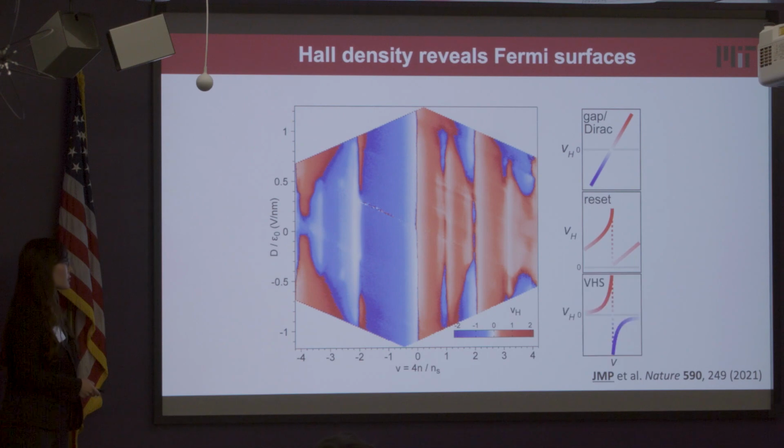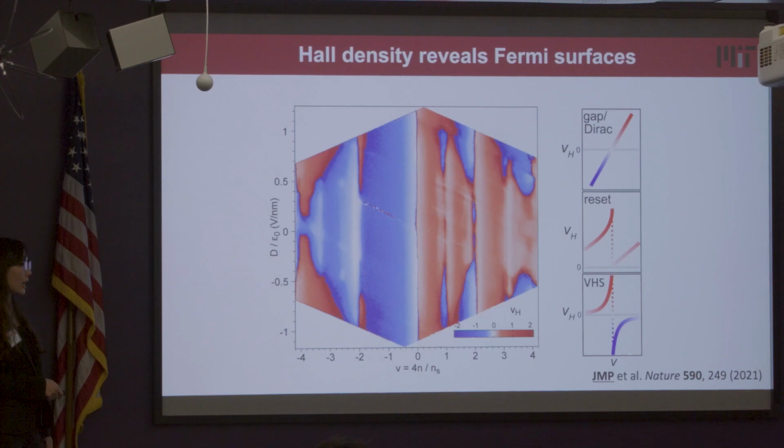The third type is the Van Hove singularity, where your hole density was increasing and then abruptly changes sign by diverging, and then comes back down to 0. This is like a saddle point behavior, and you can see this Van Hove singularity-like feature in the higher displacement field areas like here.